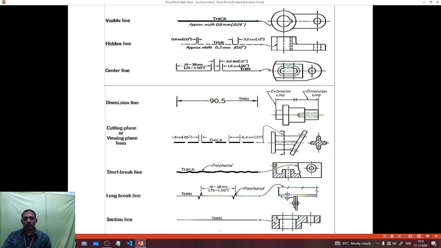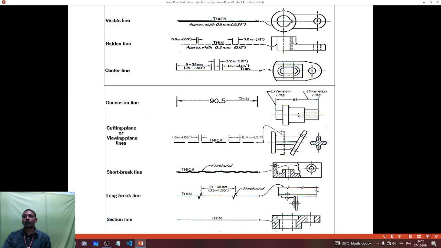Okay. So the next one is the dimension line. The dimension line shows how much length the geometry has, how much thickness, how much diameter it has. All these things are mentioned with the dimension line. The next one is the cutting plane or viewing plane line.